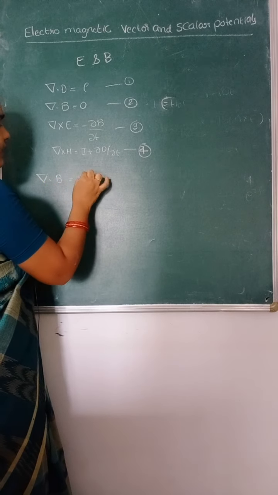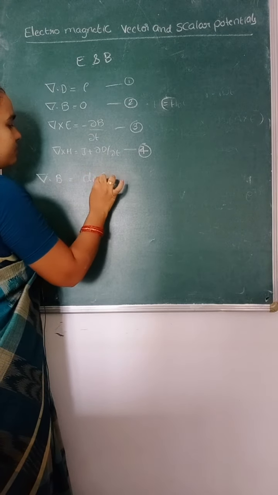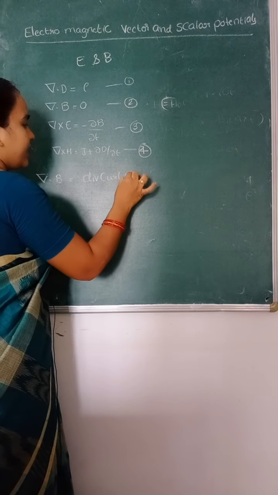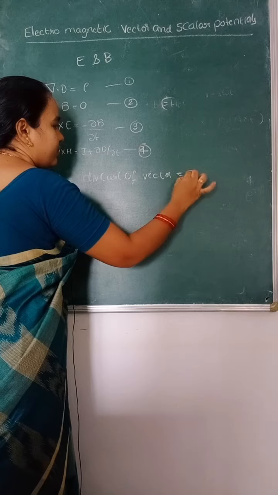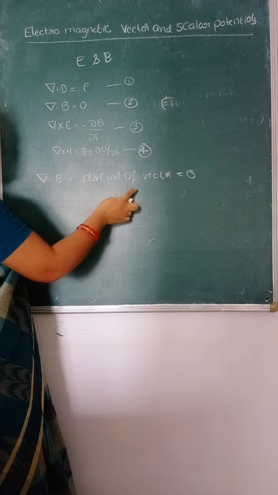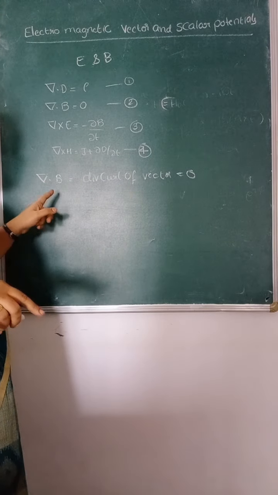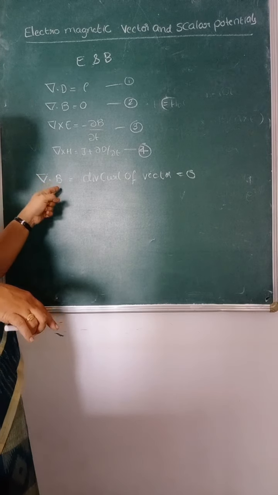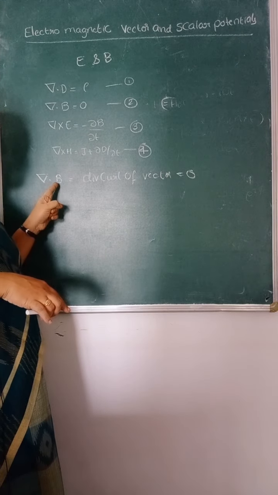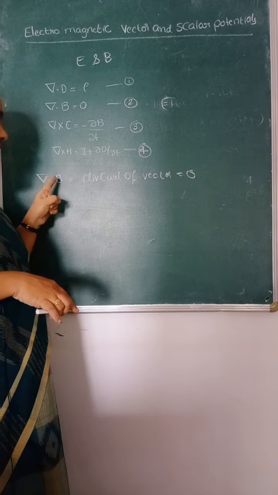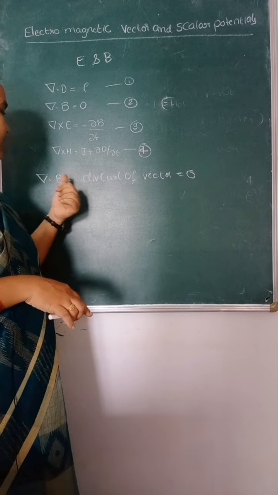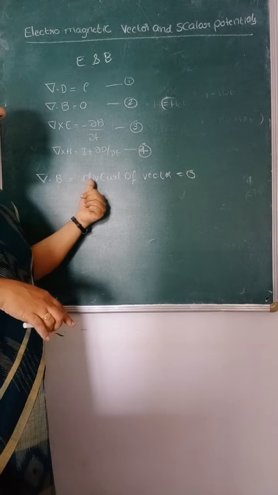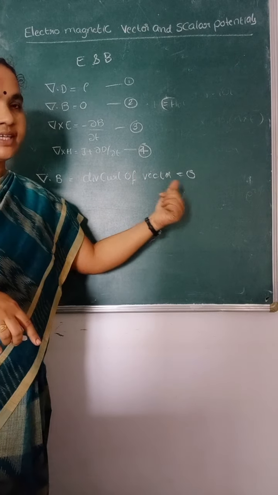We know that the divergence of curl of any vector is equal to 0. So if you compare these two equations, del dot means divergence. If we can write the magnetic field vector as the curl of some vector, then the divergence of the curl of that vector is equal to 0, and it is satisfied.